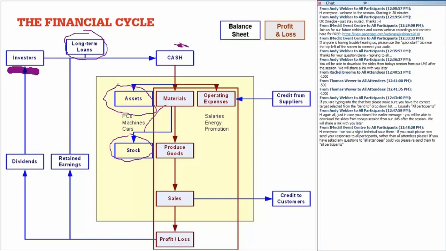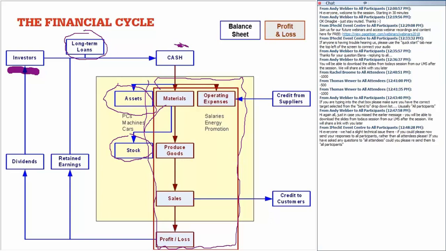This is part of the stuff we are using to create goods that we will sell. So we produce the goods and we will make sales, but we've also had some operating expenses too. We've had to pay some salaries, we've paid energy, we've invested in marketing. And this bit here in the red box is what you just looked at with the cost volume profit analysis. That's essentially what the profit and loss account is.